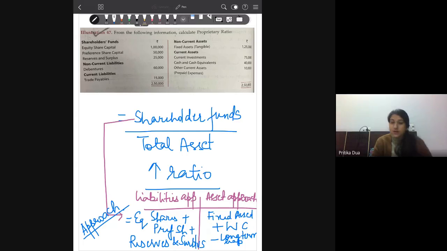And in this question, yes, the answer is 0.7:1. तो आपका इक्विटी में these three elements will come and your total assets are already given to you in the question.